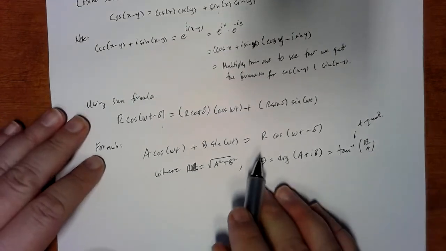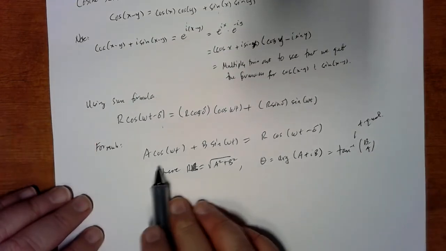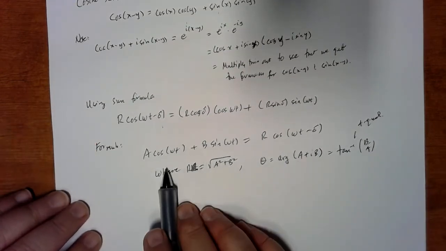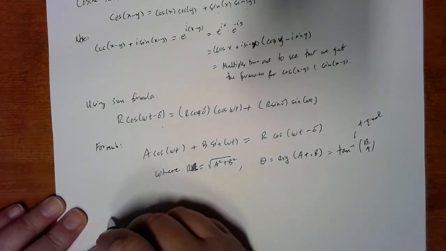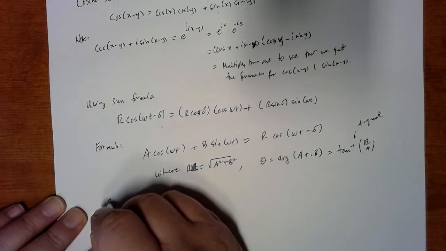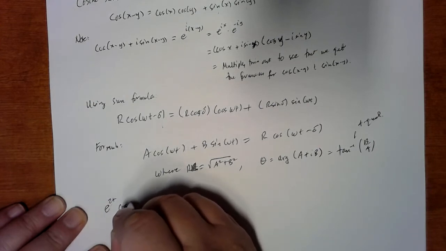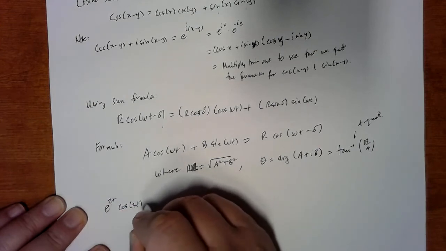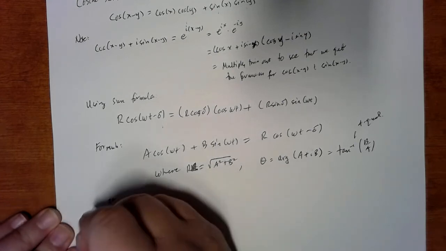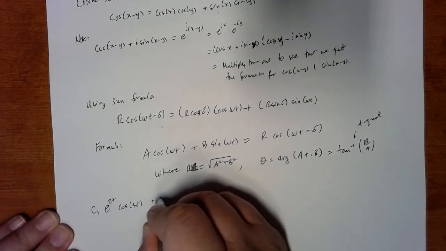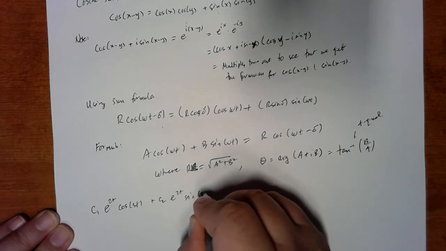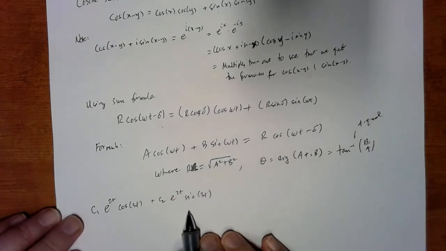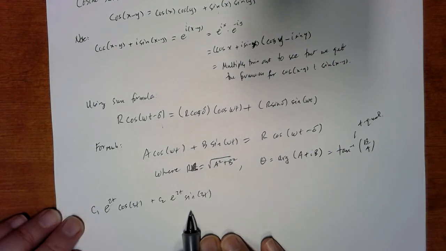So why would we use that? Because you notice that when we were talking about our solutions to a differential equation, we had things like e to the 2t cosine of 3t. For one function, I had something like c1 plus c2 e to the 2t sine of 3t. This would be a typical solution to a differential equation that you would have.